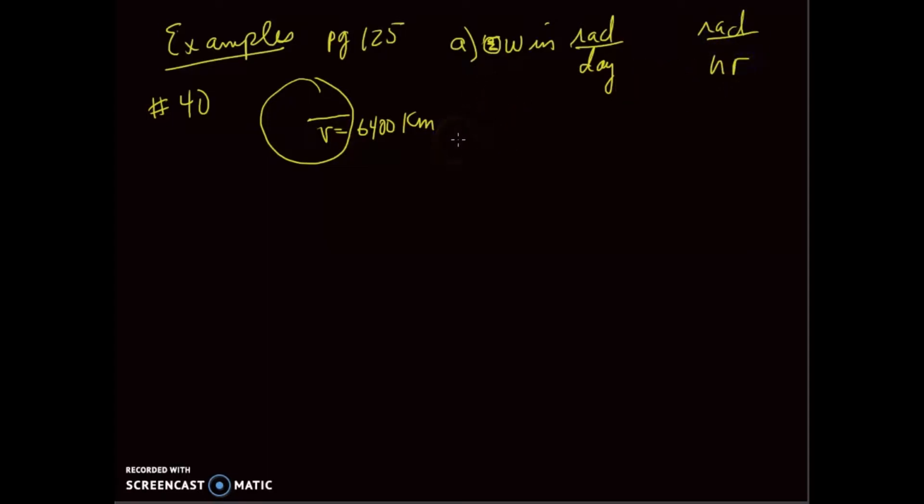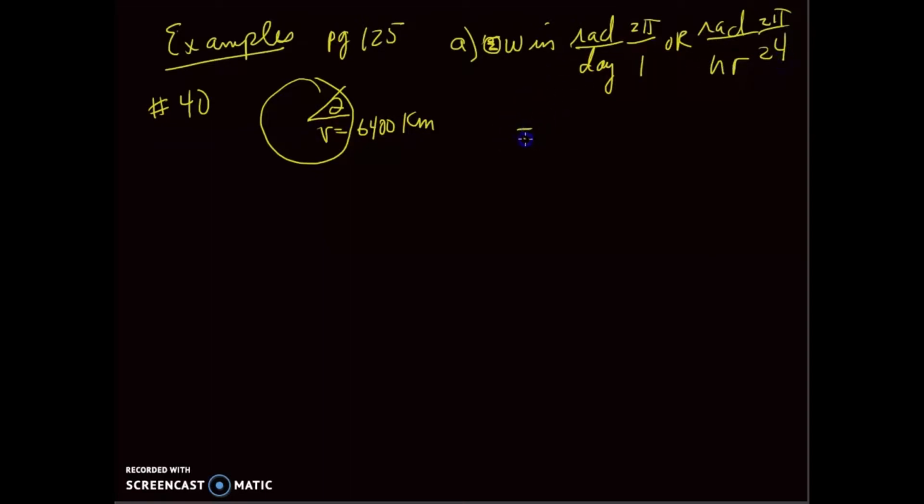Okay, so the angular speed is how quickly this is turning, right? How quickly theta is changing. So theta, if we want to do this in radians, is 2 pi radians in 1 day, or 2 pi radians in 24 hours.